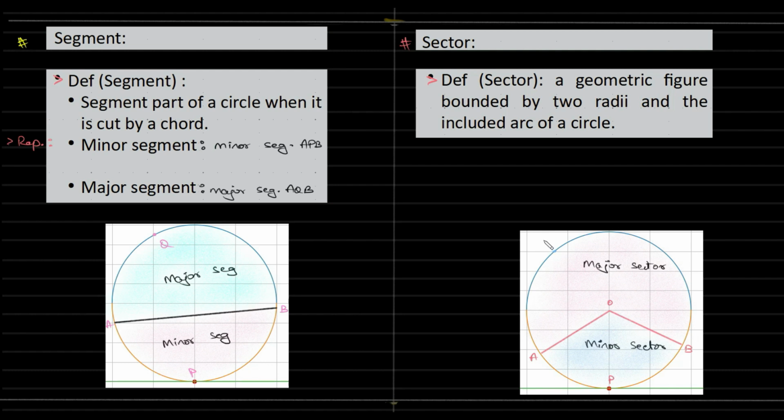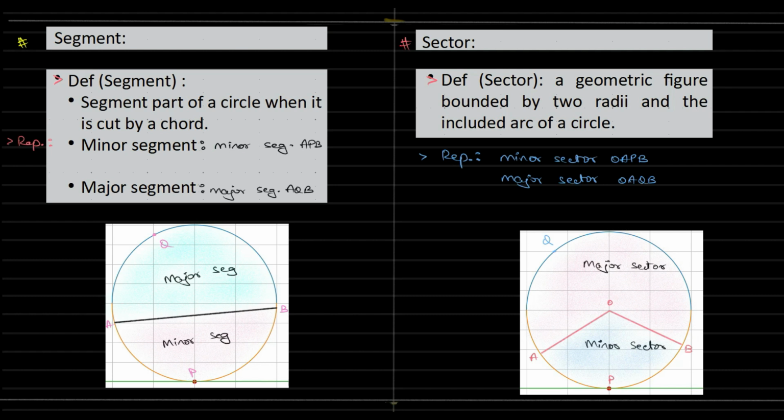And let us name this as Q. Now, what about the representation? Same way, you just write minor sector OAPB. And you have major sector OAQB. So this is how you represent sectors.